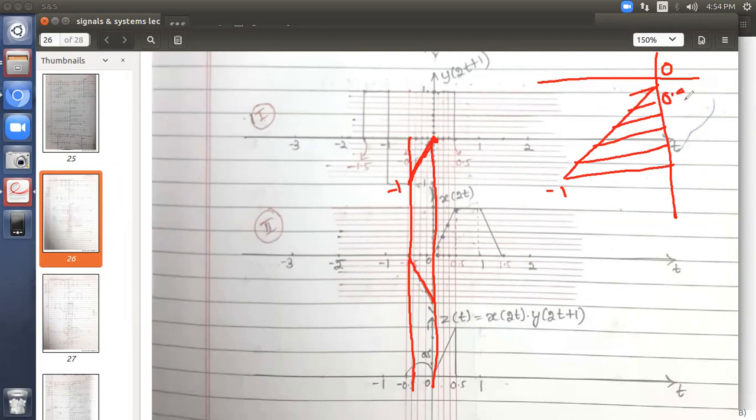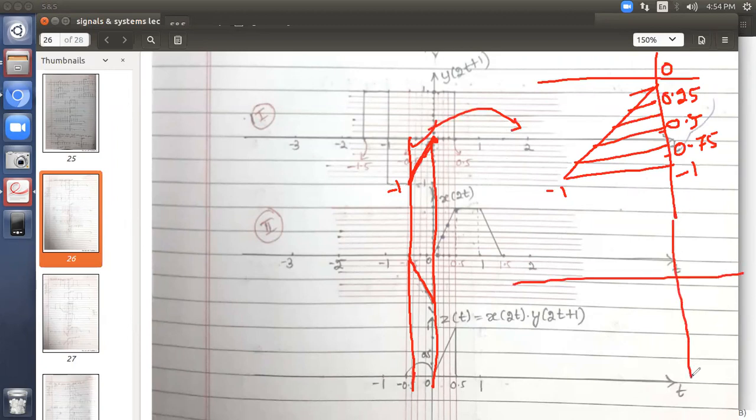For my ease, I will divide this into 4 units: 0.25, 0.5, 0.75 and 1. All are negative. I am drawing a detailed diagram here. Similarly, down the line, take this diagram. It looks like this.